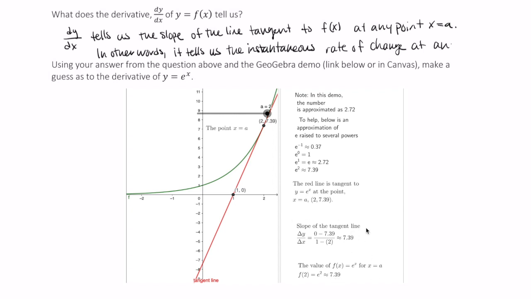And the instantaneous rate of change of y equals e to the x at x equals 2 is also 7.39. So from this demo, we're able to see that no matter where we move our x value, the instantaneous rate of change will always equal the output value of e to the x.